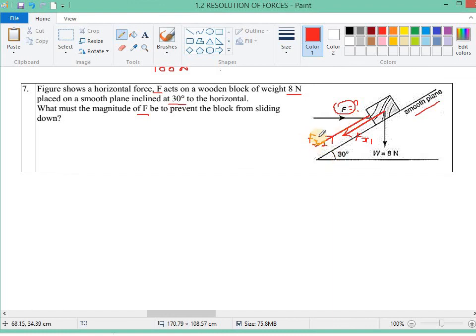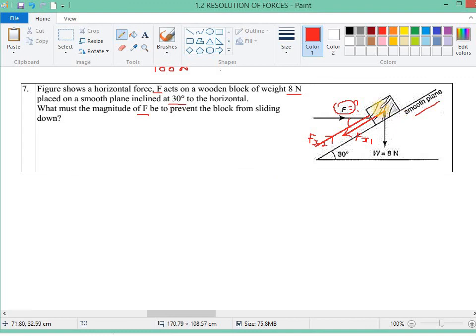That means this Fx2 is the component from this F. So we need to make sure that this Fx2 will be equal to the Fx1 in order to calculate how big is this F.